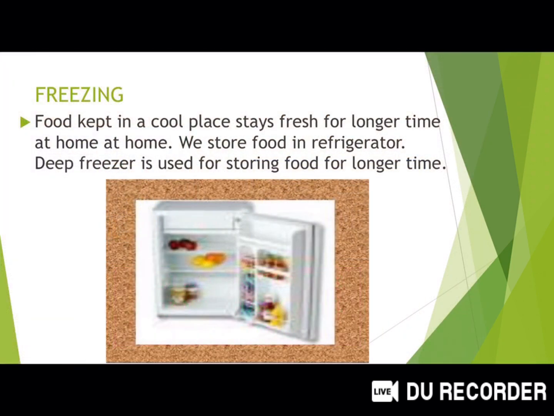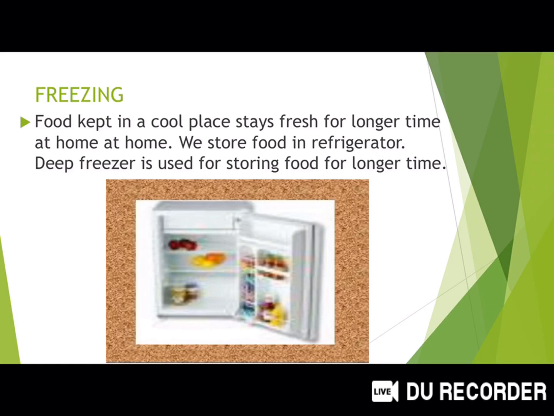Freezing is another method by which we can preserve food. Food kept in a cool place stays fresh for a longer time. At home, we store food in the refrigerator. A deep freezer is used for storing food for a longer time.